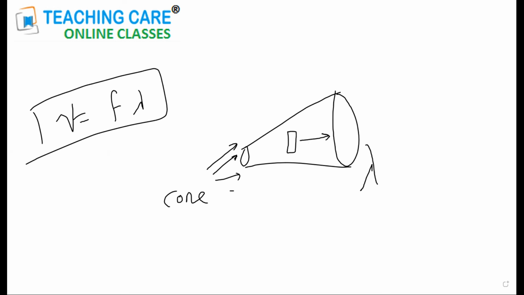It comes like here. When it comes out, what happened to the air outside this loudspeaker? The air in front of this loudspeaker got compressed. We speak from here, the cone moves out, the air got compressed. Clear?